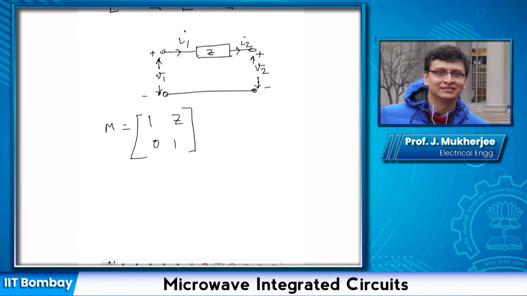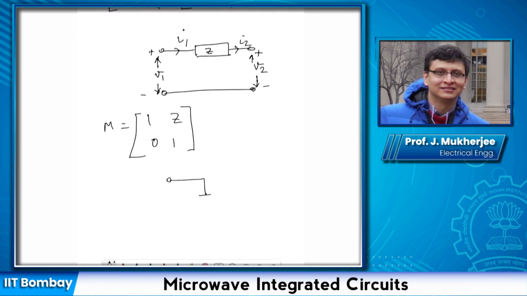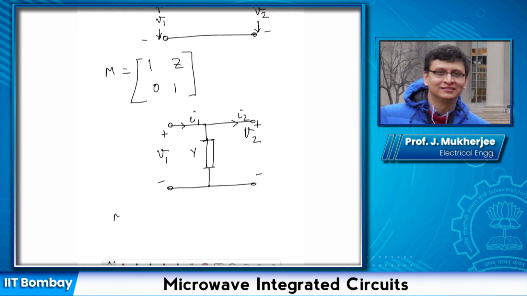Similarly, if you have just a simple shunt admittance, then M for this circuit is given like this.